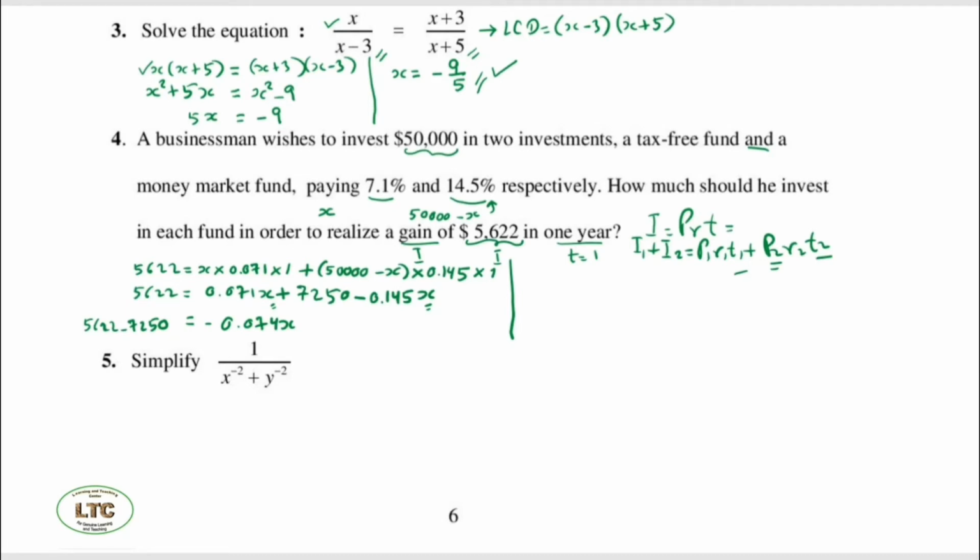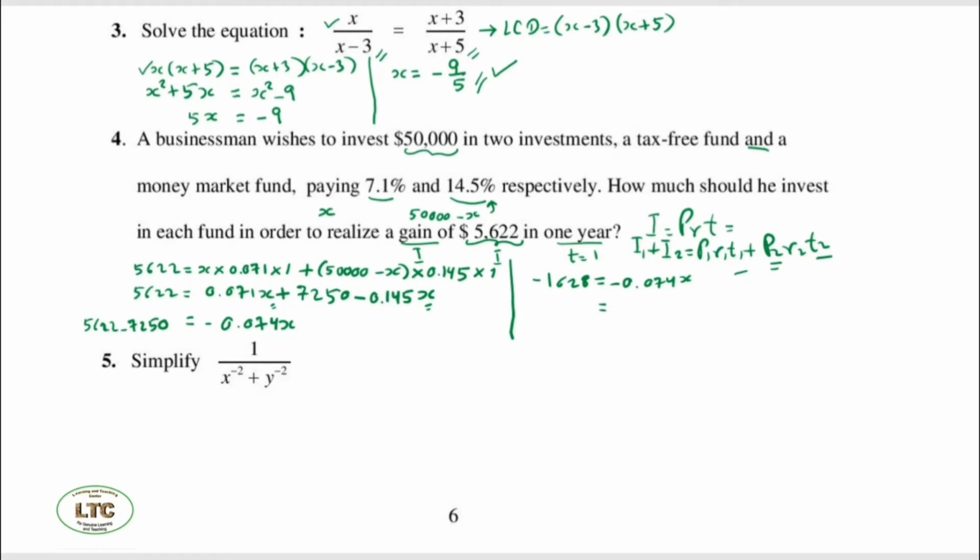Okay, on the left, 5622 minus 7250 is equal to negative 1628. On the right, negative 0.074x.